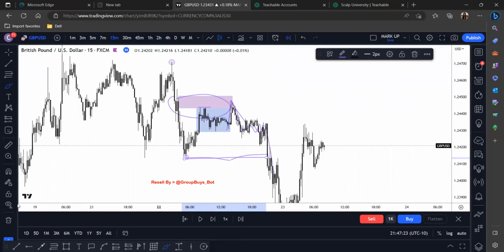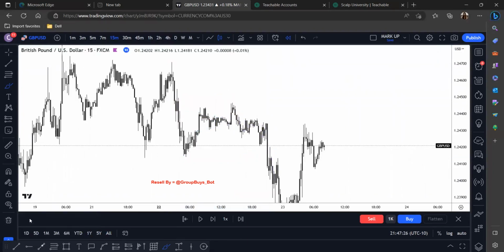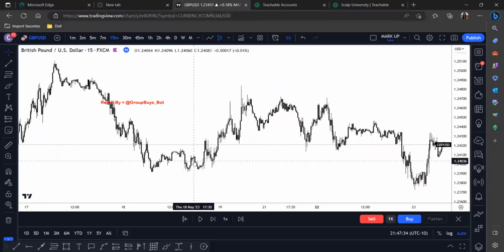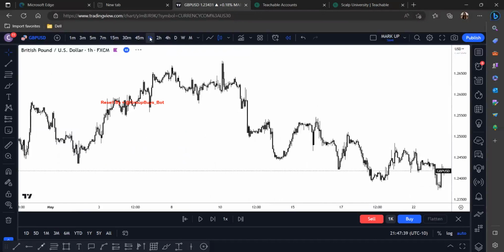So everything is very simple when it comes to reading liquidity. This is definitely not hard at all. If you ever feel confusion on how to read liquidity, refer back to this video, go over it 100 times if you need to. If you need to reach out to me, I am here to help and explain.